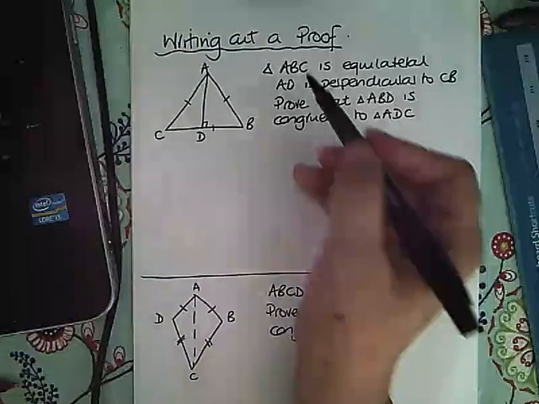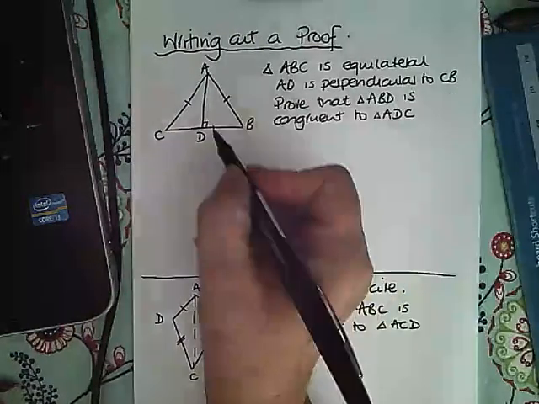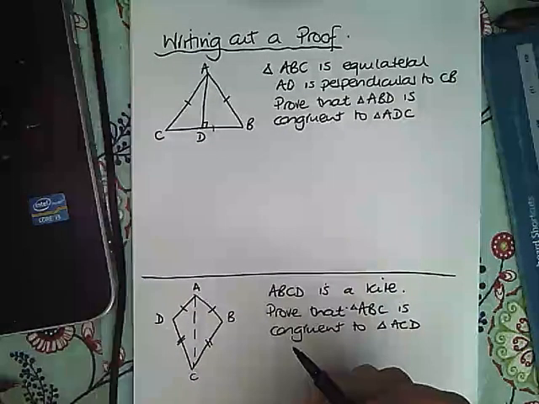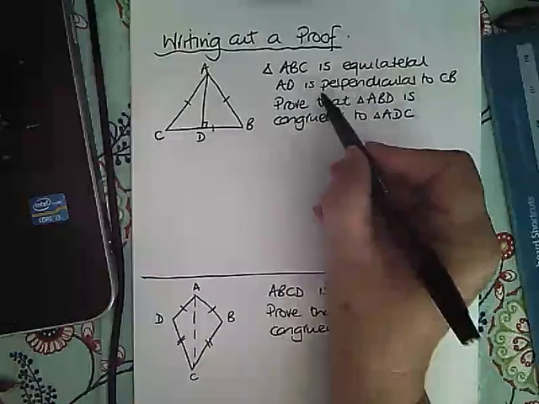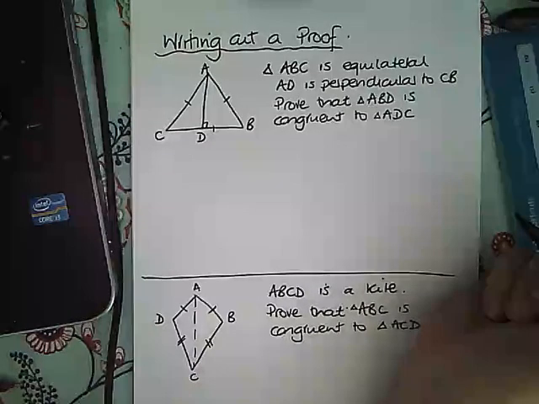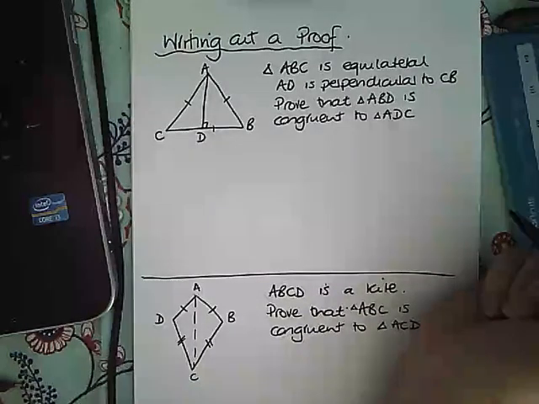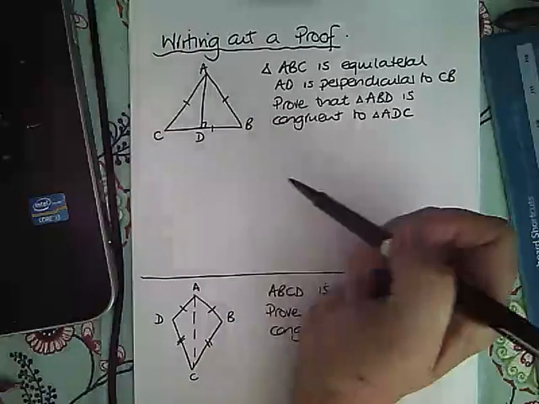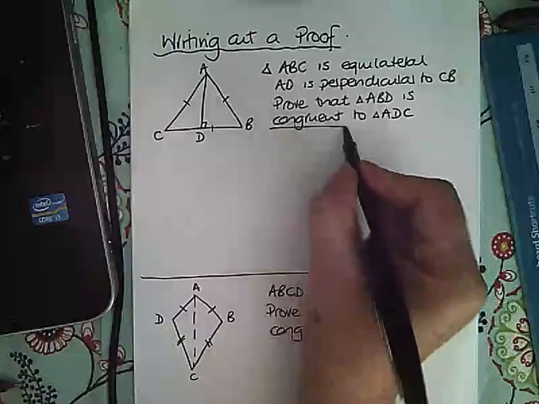It says that AD is perpendicular to CB, and the diagram already had a right angle marked on there. If it didn't, you could mark that on, because perpendicular means at right angles to. And we are asked to prove that the triangle ABD is congruent to ADC.